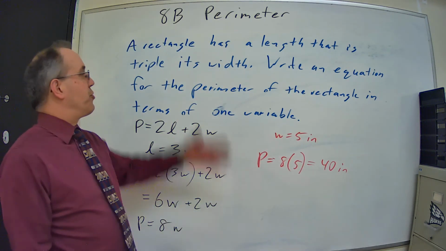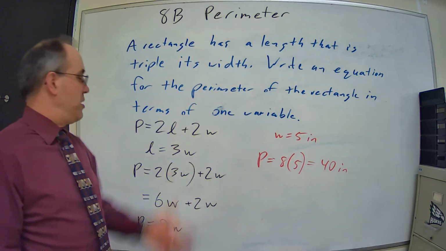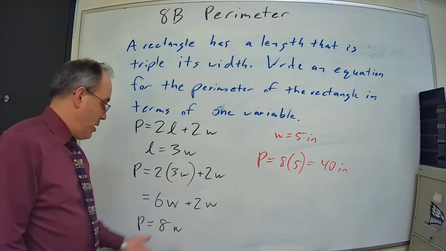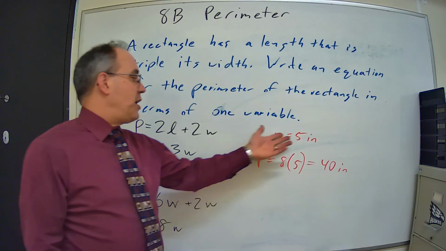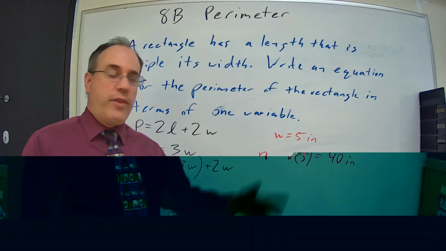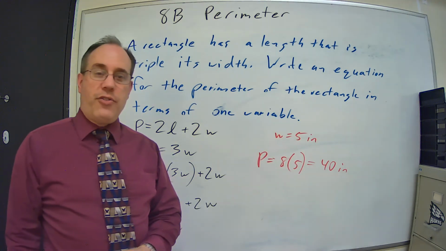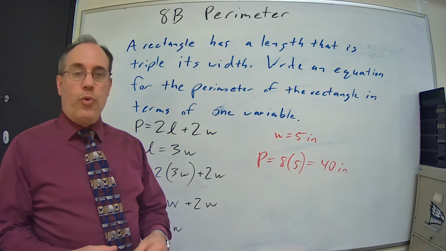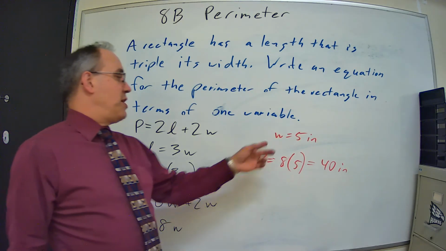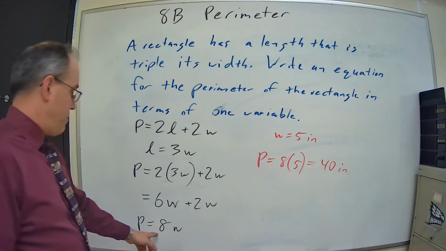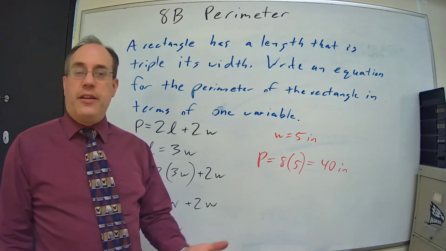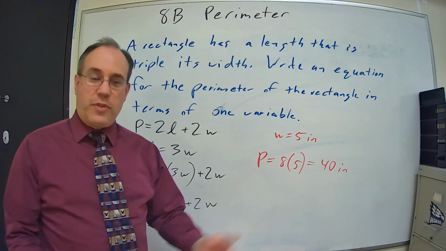So we were able to create a formula from words, do it in terms of one variable, and then utilize that, plugging in a value for that variable to find the perimeter, given that the width is 5 inches. We could do the same thing and say, what if the width is 1 inch? 8 times 1 is 8. Then the perimeter is 8 inches. And that's perimeter.